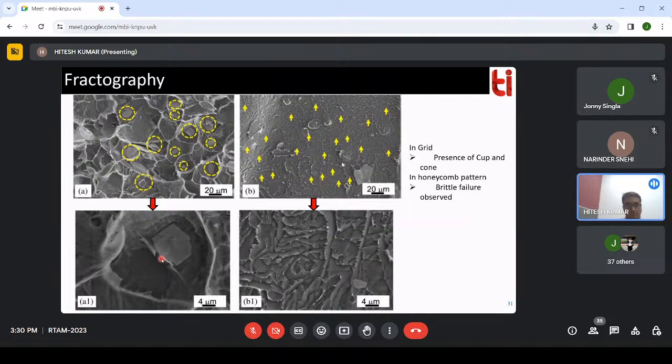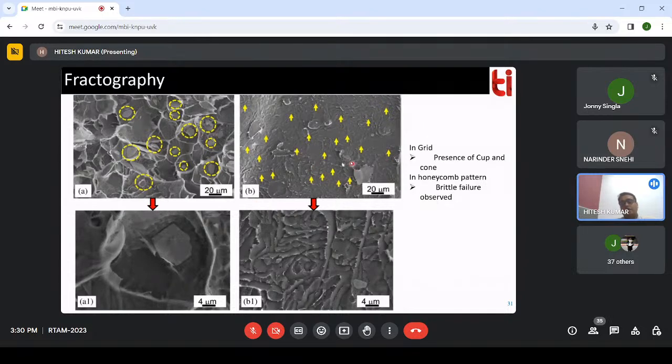In this we can observe the cup part. These are examples of cup parts, and parallelly there are some precipitates or some kind of matrix observed.